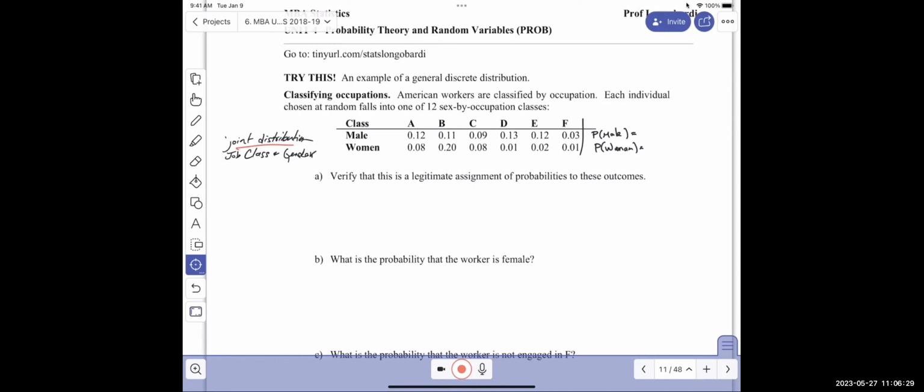Yeah. And then you should add across here to make sure it's 40 for women. So it is 40%, so that makes 100% total.